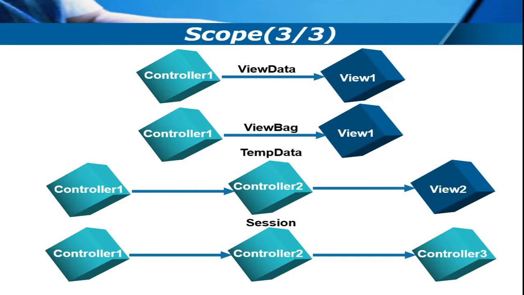For TempData, again, you can pass the TempData across your controllers, but finally when your target view is loaded, then your TempData gets destroyed, or the scope of that TempData is set to null. And for the session, basically it is used across your controllers, so you need to close your browser explicitly, or you can call the Session.Abandon method to destroy your session data.